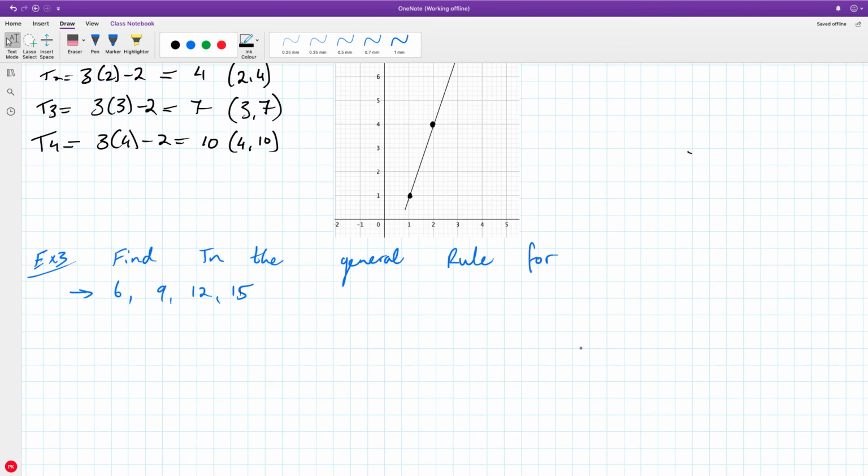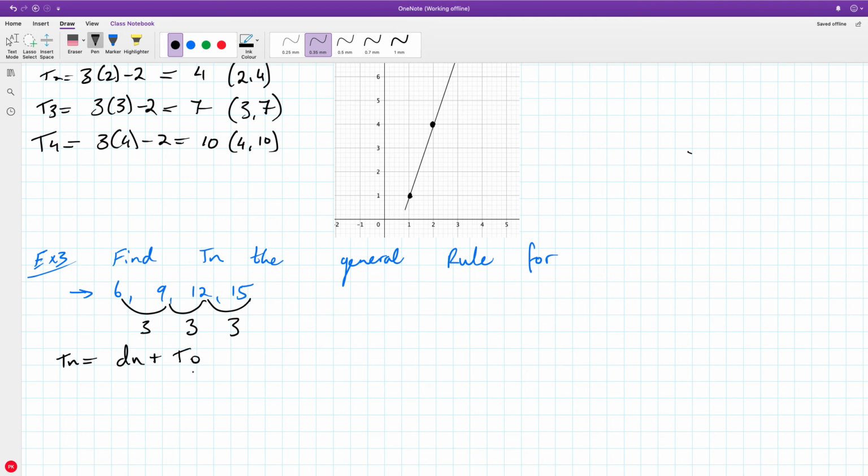Right, let's have a little look at it. So first things first is we got to find our difference. So what is our difference between 6 and 9? 9 and 12? 12 and 15? So, therefore, Tn is equal to Dn plus T0.